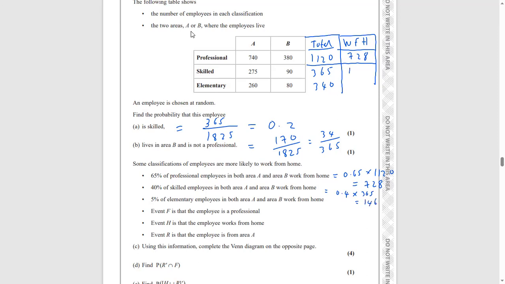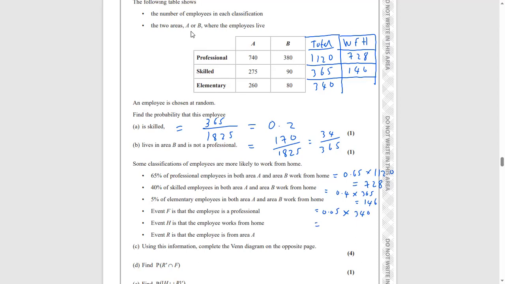So 146 skilled employees work from home. Now let's look at the next piece of information. 5% of elementary employees in area A and B work from home. So we're going to do 0.05 times the total number of elementary employees, which was 340.